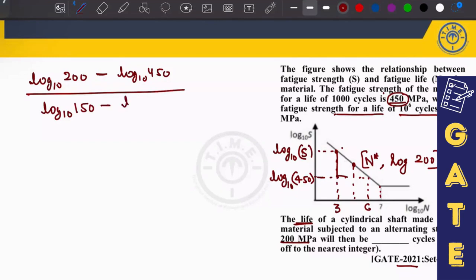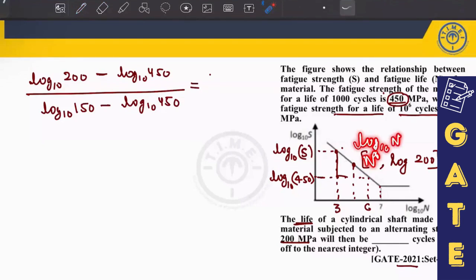Yes, it is given as 150 minus log of base 10, which is 450. Now, either you can consider this is basically n star, or if you want, you can write in the base of log also. Then from here again you will get the same value.